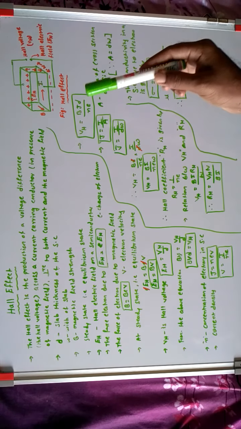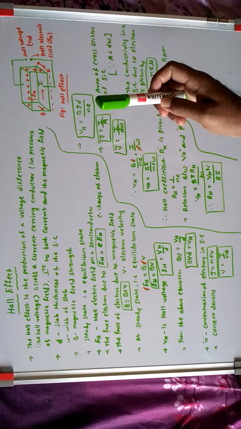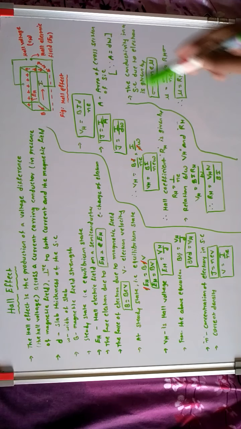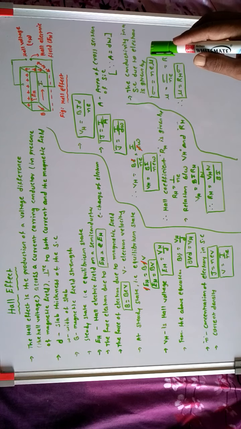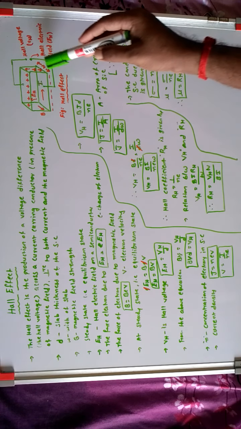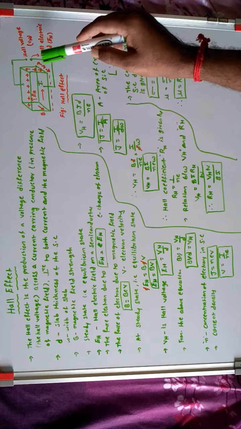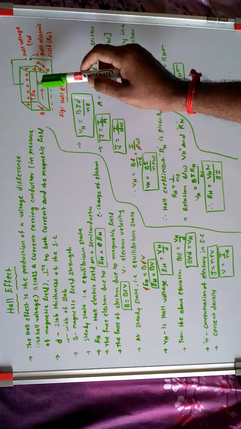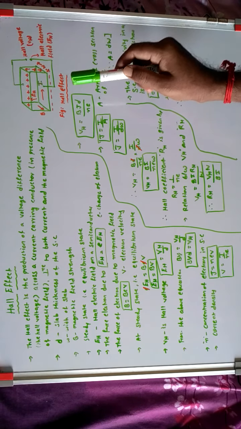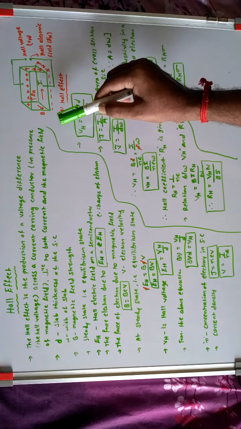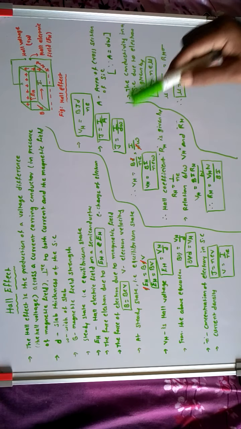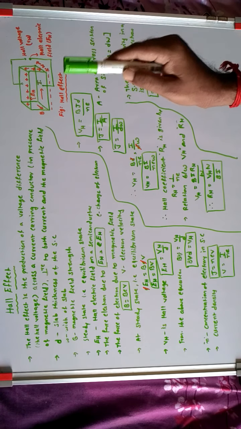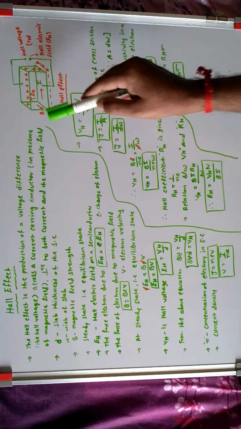Next, consider a semiconductor slab. From this diagram, d is the thickness of the semiconductor slab, W is the width of the slab. When current I flows along the x direction and it is subjected to a magnetic field of strength B along the y direction, the charge carriers inside the semiconductor experience a force due to the applied magnetic field.